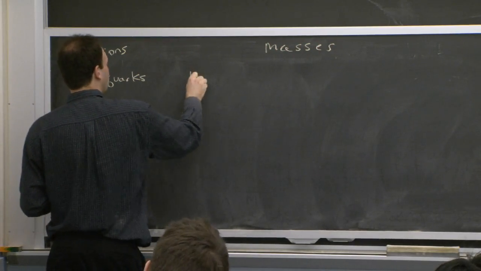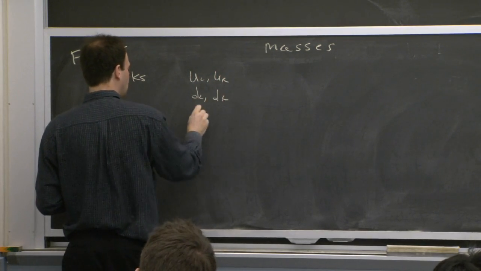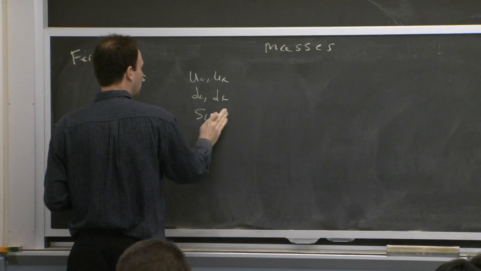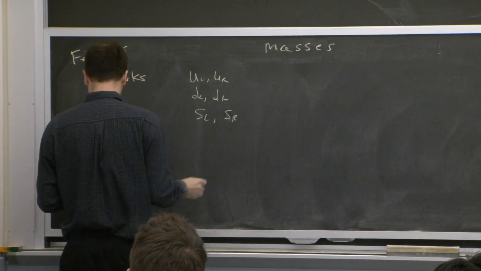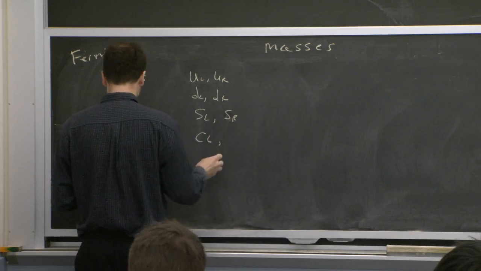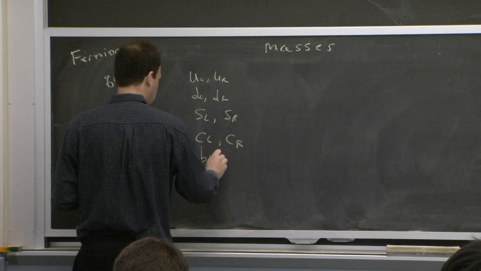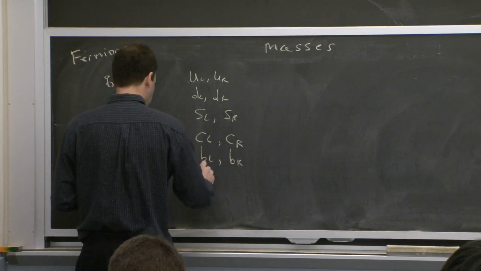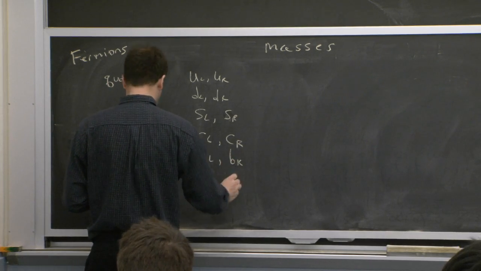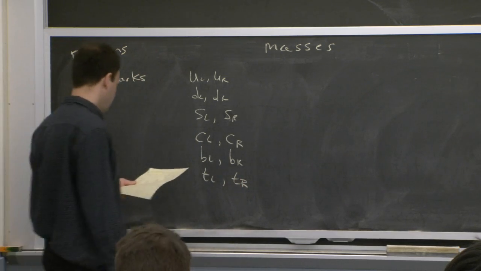So quarks, up quarks, down quarks, strange quarks, they all come in left and right-handed guys, and the gauge couplings are different for left and right-handed for the electroweak and U(1) parts of the gauge group. So there's 6 different flavors, and both right and left-handed.